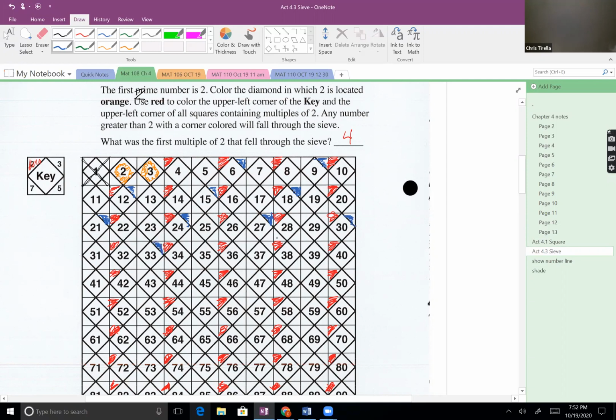Any number that has any corners colored in is no longer prime.